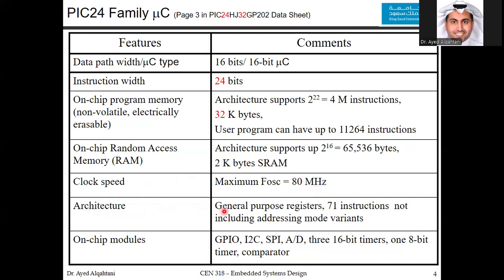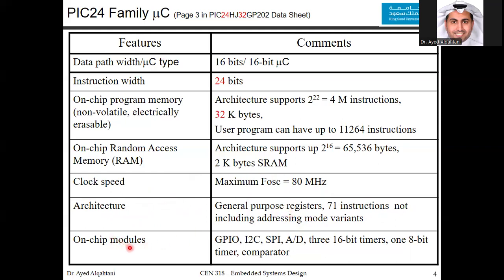The architecture is actually general purpose. It has general purpose registers with 71 instructions, not including the addressing mode variants. And you can see detail of the ISA, or the instruction set architecture, in the data sheet in one of the appendices.